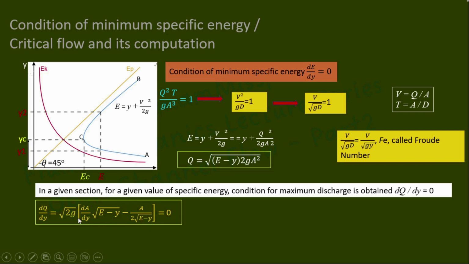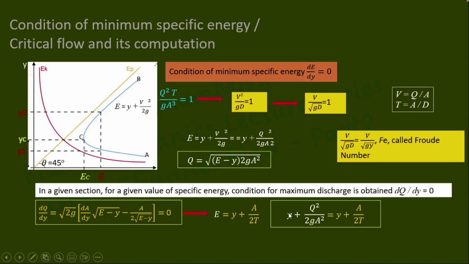What is dA by dy? It is equal to T, the top width of the channel. Taking a common LCM and modifying this expression, you will get E equal to y plus A by 2T. If you replace E as y plus Q square by 2gA square, then this equation becomes y plus Q square by 2gA square equal to y plus A by 2T.